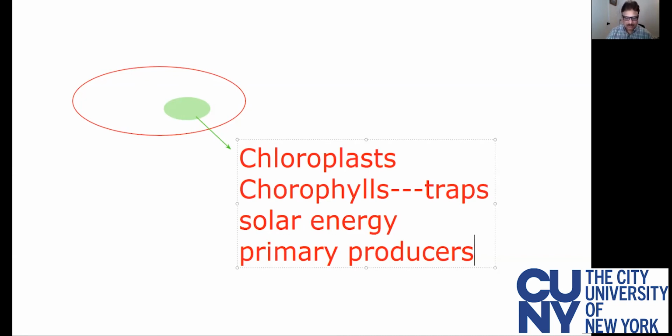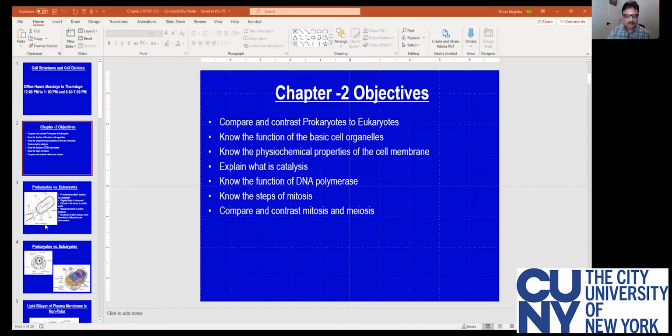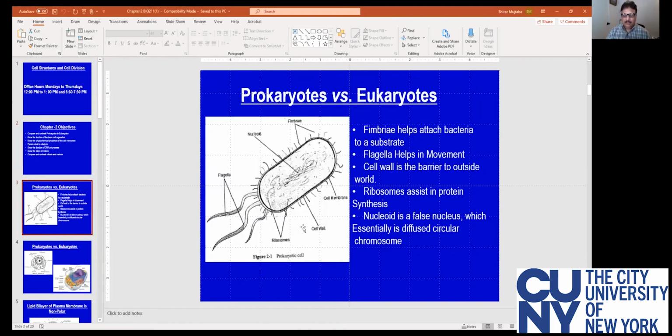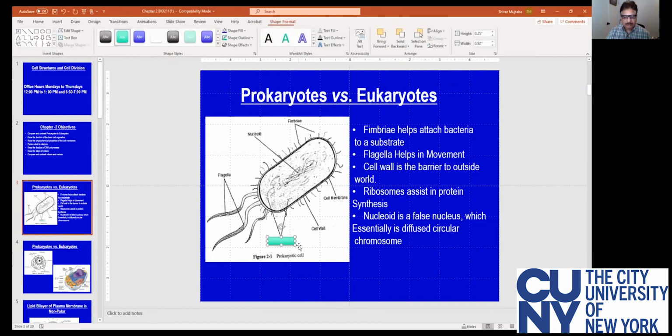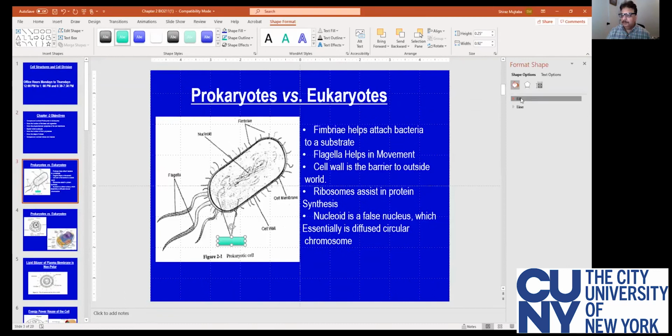So let's go back to the slide. Let's look at the bacterial cell, I'm sorry. A bacterial cell has a cell wall, the outer membrane. They have flagella, the whip-like structure that helps the bacteria to swim towards food or away from enemies. Ribosomes help to make proteins.